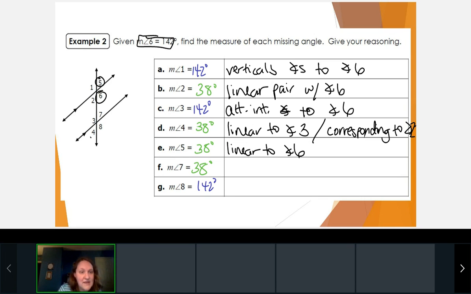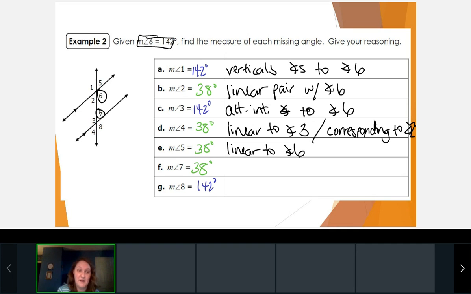All right, let's look at angle 7. Angle 7 is here. Angle 6 is here. I'm going to relate those. Okay, so if we learned a set of steps to go through to figure out what kind of angles they are, I usually ask myself, are they sitting in the same seat? Are they in the same position? Well, 6 and 7 are not. Are they both on the inside? Meaning, are they both in between the two lines? They are.